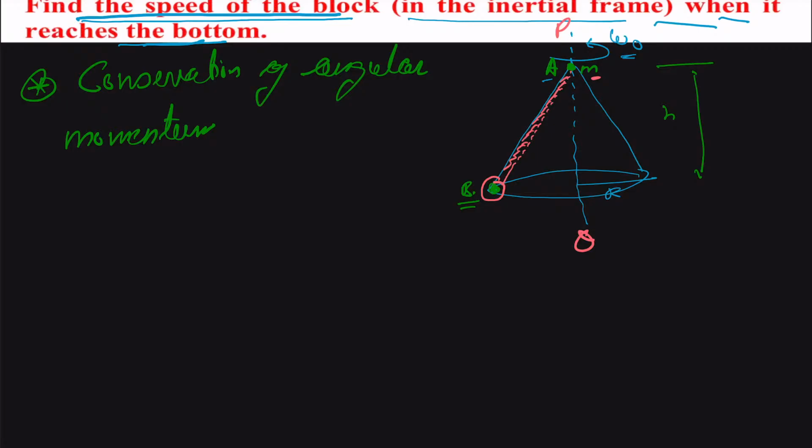And we are talking about any time t, not the initial one, because initially the mass is at the apex and that is exactly on the axis of rotation. So initially the contribution of angular momentum of this mass m will be equal to 0.